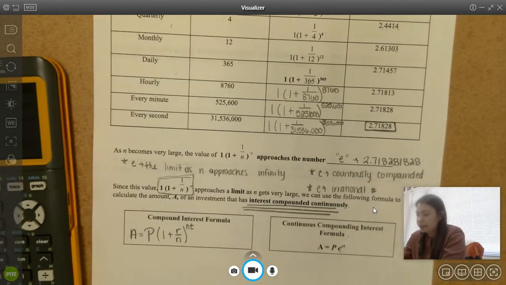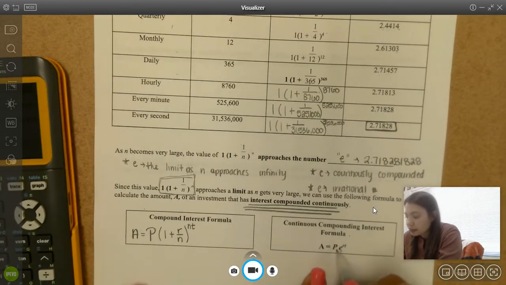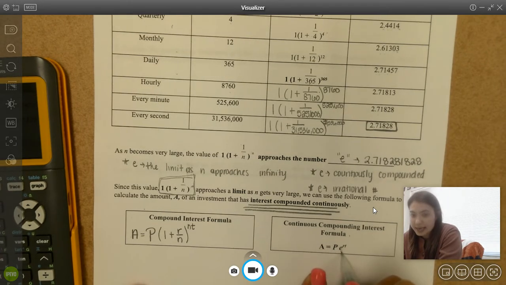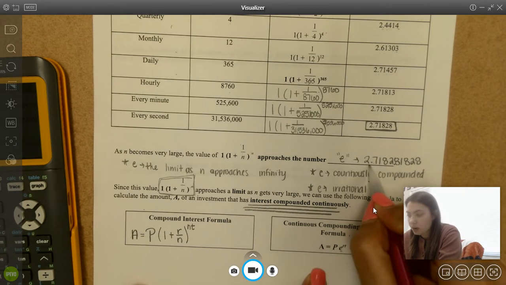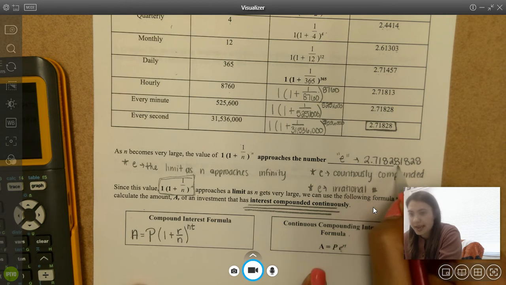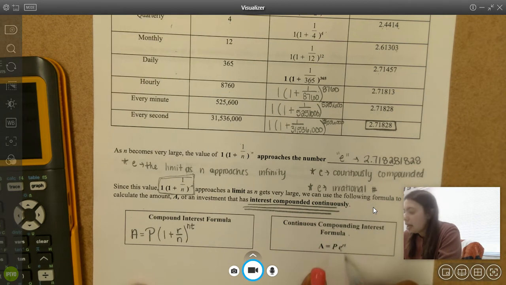Whereas this continuous formula is A equals P times E, okay, we just figured out what E was, 2.718281828, right? Raised to the R times T power.